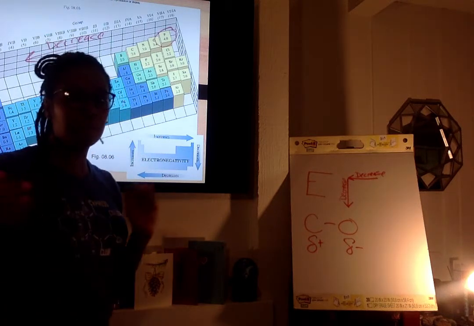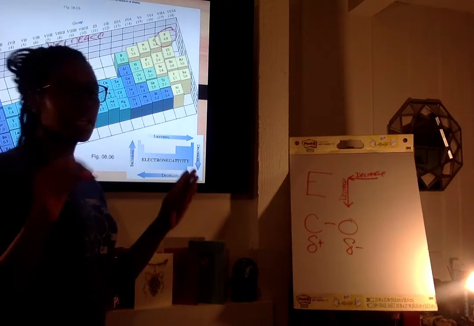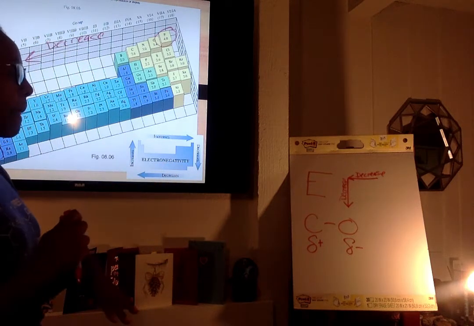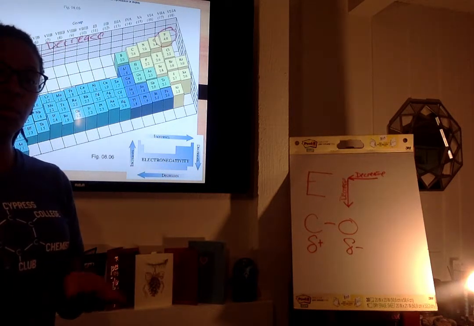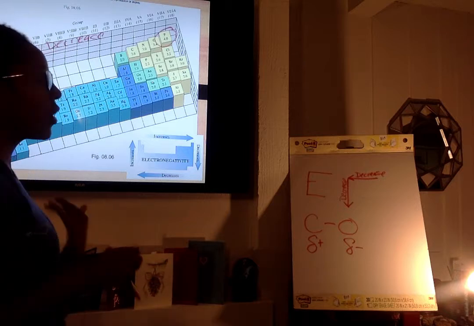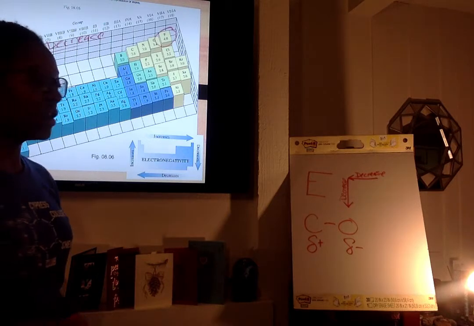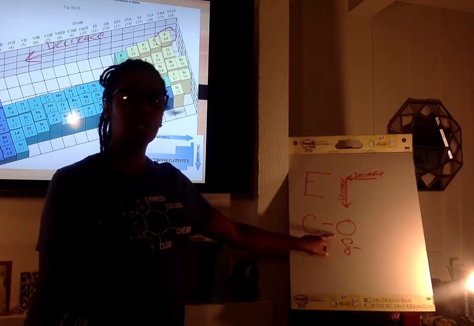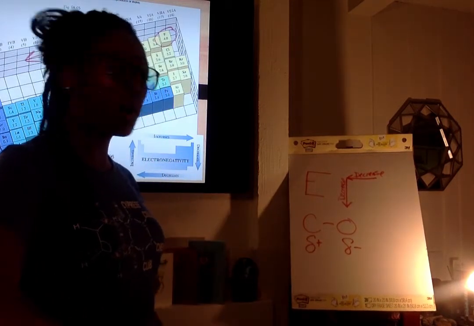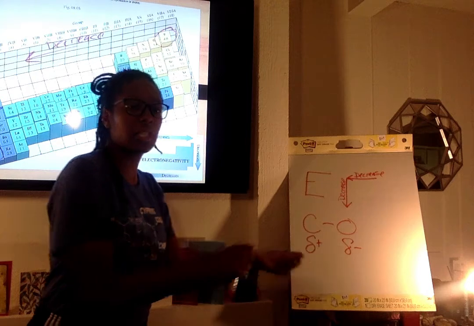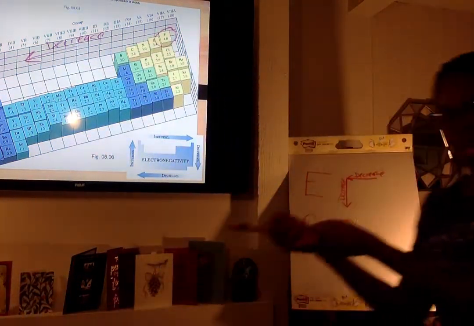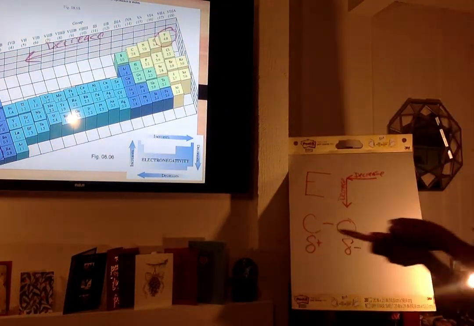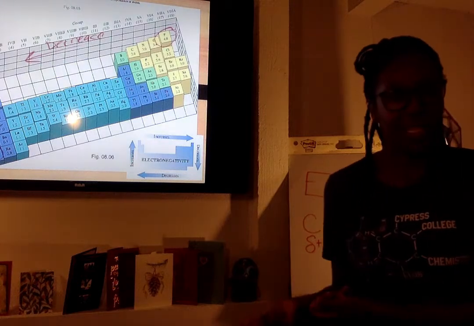And the last way that we indicate a polar covalent bond is drawing the arrow of directionality. So if our oxygen is more electronegative than our carbon, then the oxygen is literally pulling the carbon towards it with all its negativity, basically.